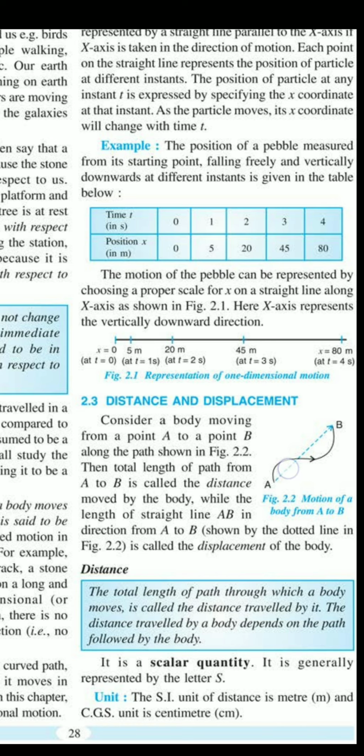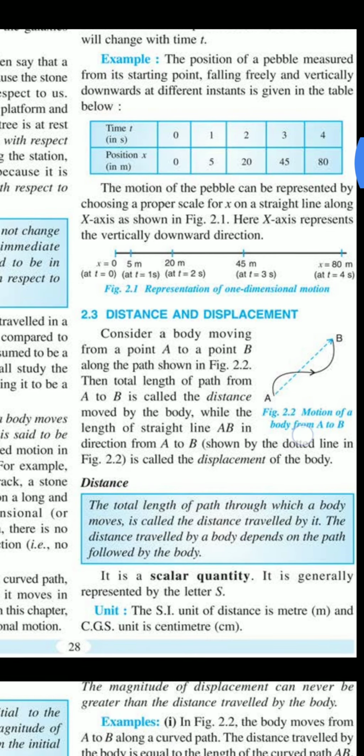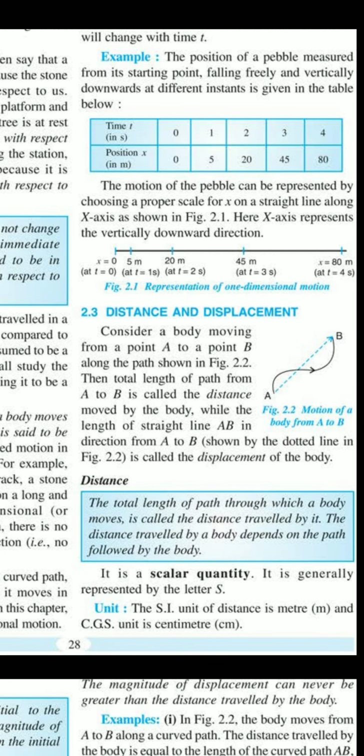There x is equal to 0, the body has not moved yet, and then at t is equal to 1 second, it has moved 5 meters, then at t is equal to 2 seconds, it has moved 20 meters, and these distances, 5 meters and 20 meters, are measured from x is equal to 0. The body has started from there and it is moving like this. This is represented on this line.